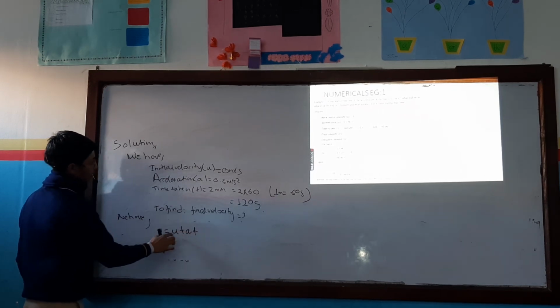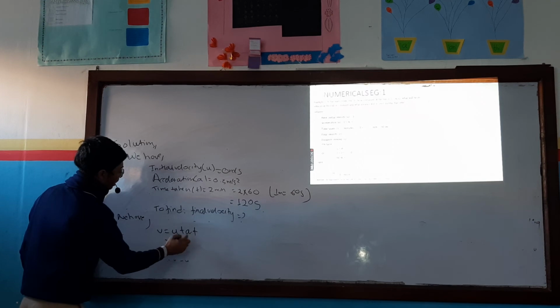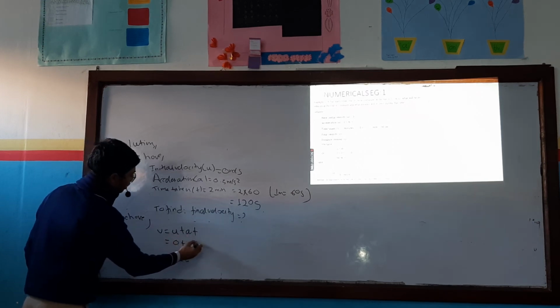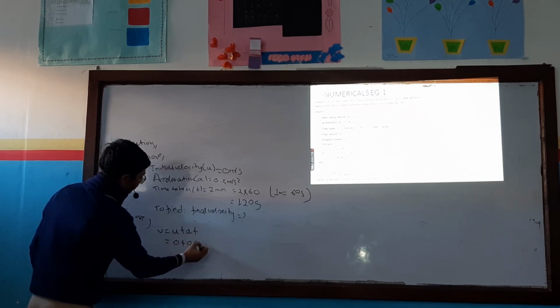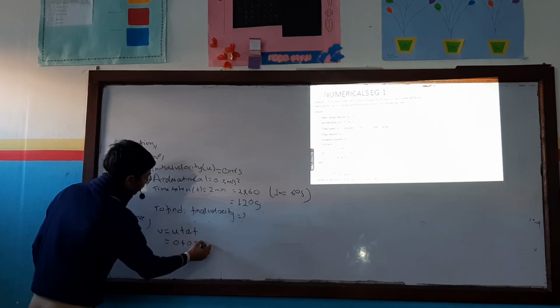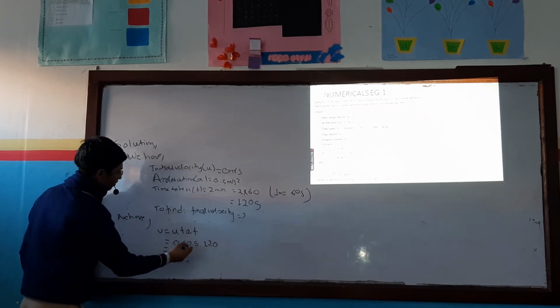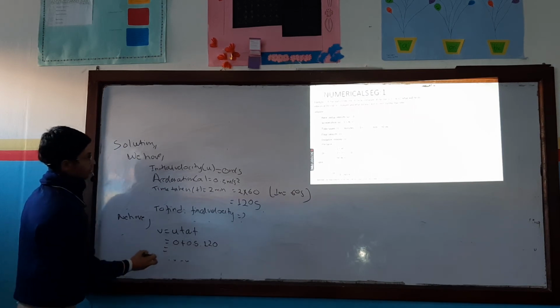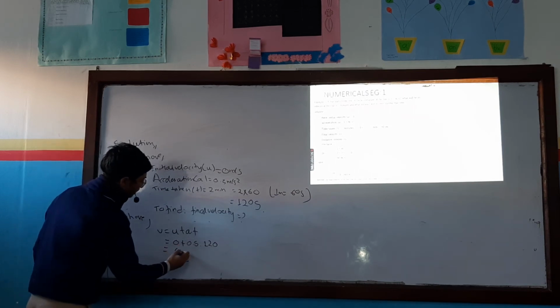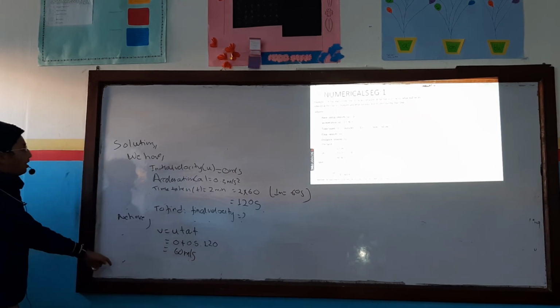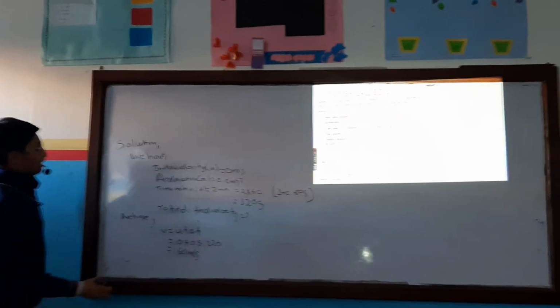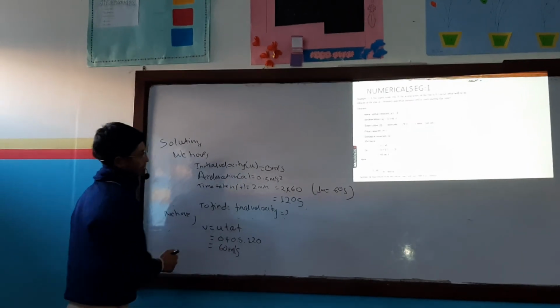We have the value of u, and that is 0. The acceleration is 0.5, and the time taken is 120 seconds. Now while multiplying, it comes 60 meter per second. The final velocity of the bus is 60 meter per second.